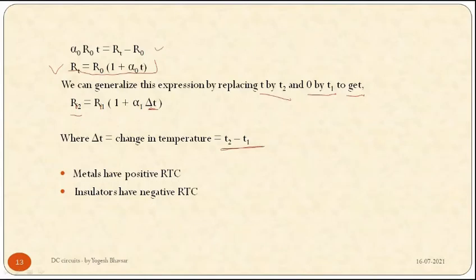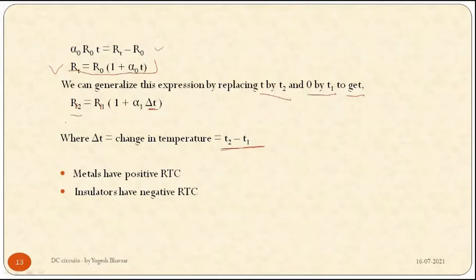Delta T means change in temperature, which is T2 minus T1. Here we take RT2 minus RT1 over delta T, T2 minus T1. Suppose RT3 minus RT2, then delta T is T3 minus T2. In the same way, here alpha 1 will be replaced by alpha 2. Alpha 0, alpha 1. Okay?